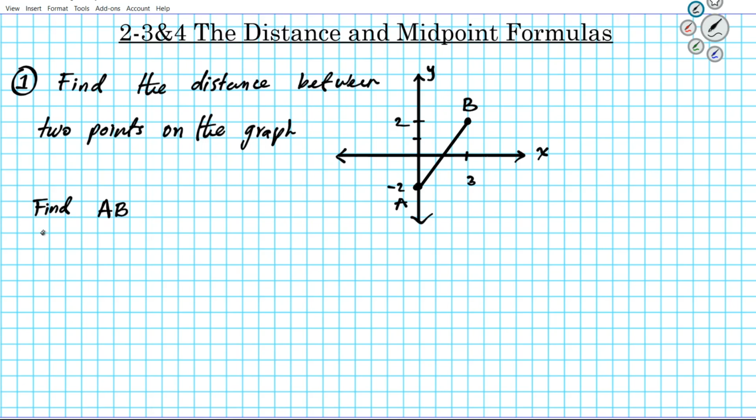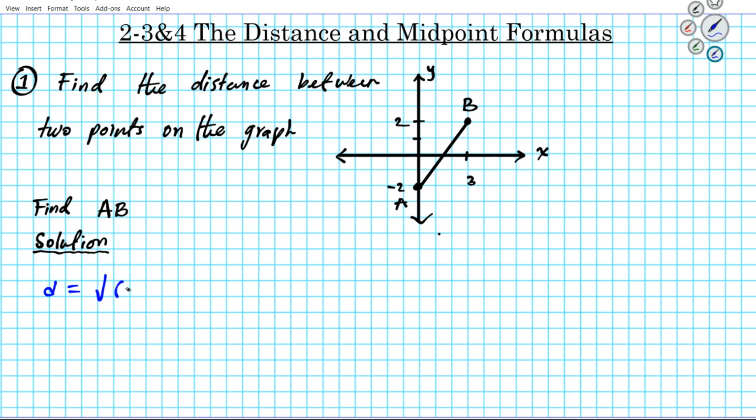All right. Okay, let's do it. First of all, we're going to write down the formula that will guide our problem solving process, which is the distance formula. The distance formula is as follows. D, distance between 2 points, is the square root of the sum of the squares of the run and the rise.